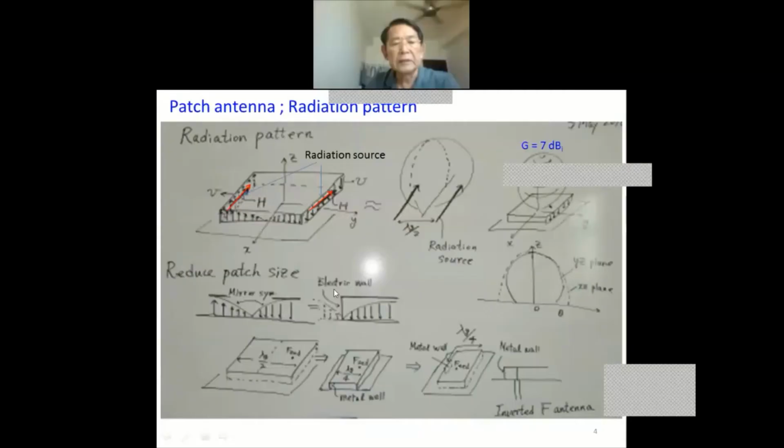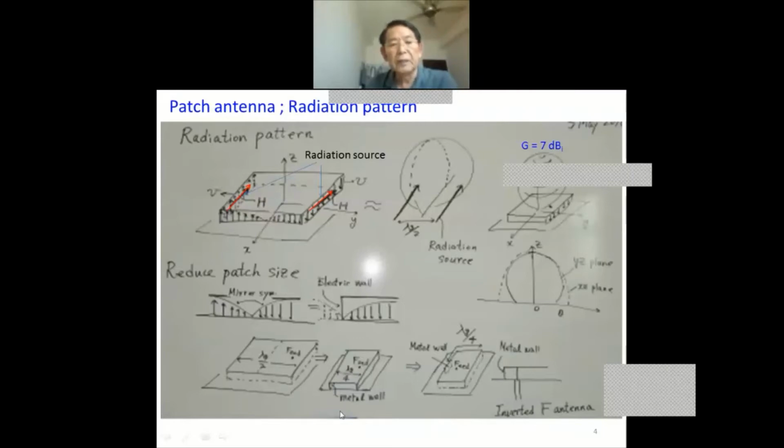So only the half size can operate with the same electric field. So we can select some adequate point to achieve 50 ohm input resistance.